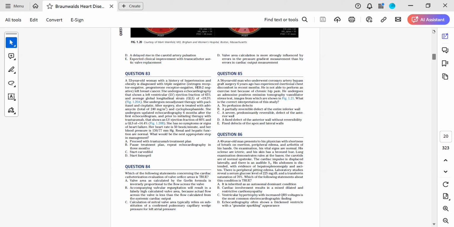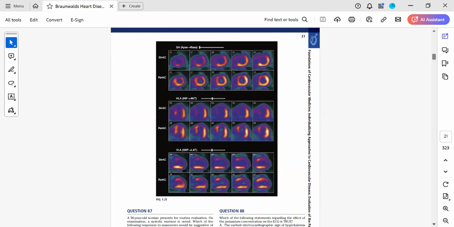Then B, a partially reversible defect in the inferior wall. If we go back to the pictures, we'll see that the defects during the stress, they actually worsened.